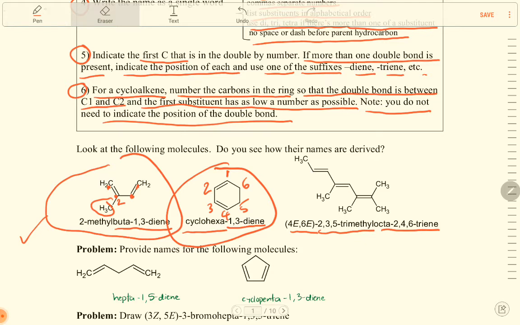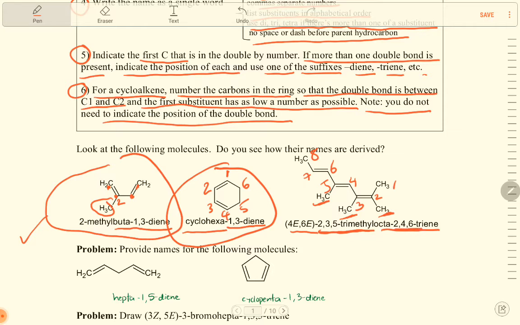Yes. Okay, I'm going to select pen. Alright. 1, 2, 3, 4, 5, 6, 7, 8. Yeah, that's the maximum we get. And remember, there is a 2, 3, and 5 trimethyl, right?